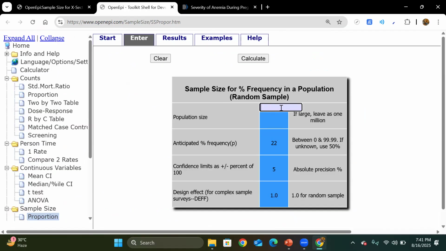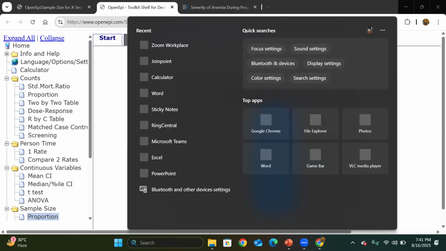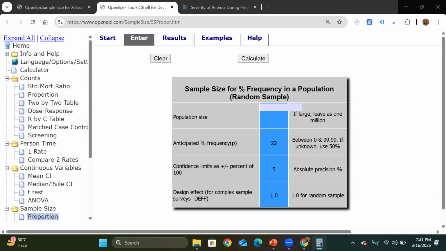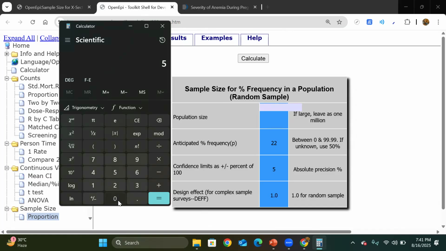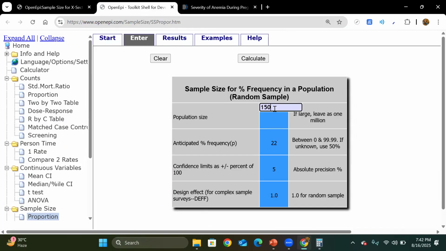Suppose I could collect data for 1 month, just for supposition purposes. In one day I get around 50 patients. So in 1 month, how many patients would I get? That would be 50 into 30, 1500. So that's my population; I can collect data from this many.